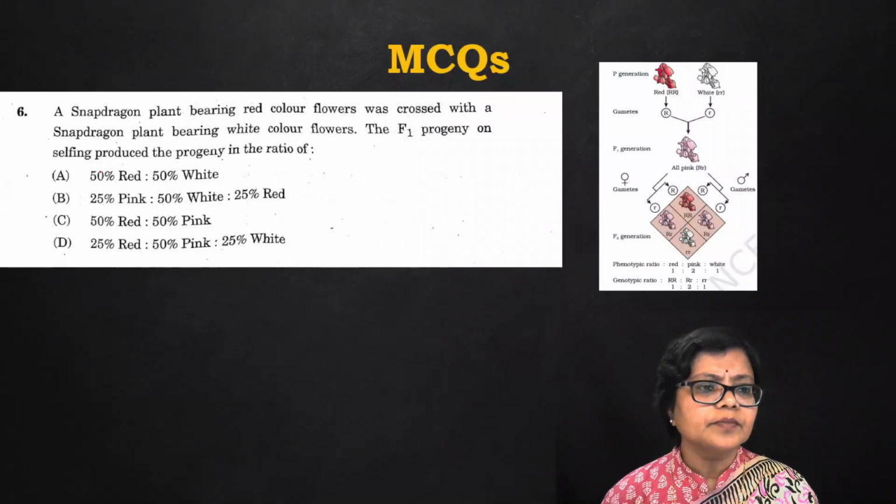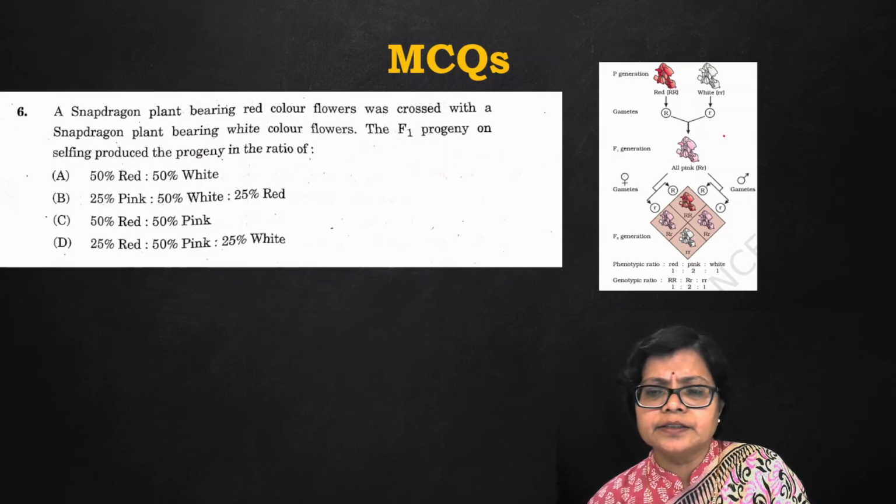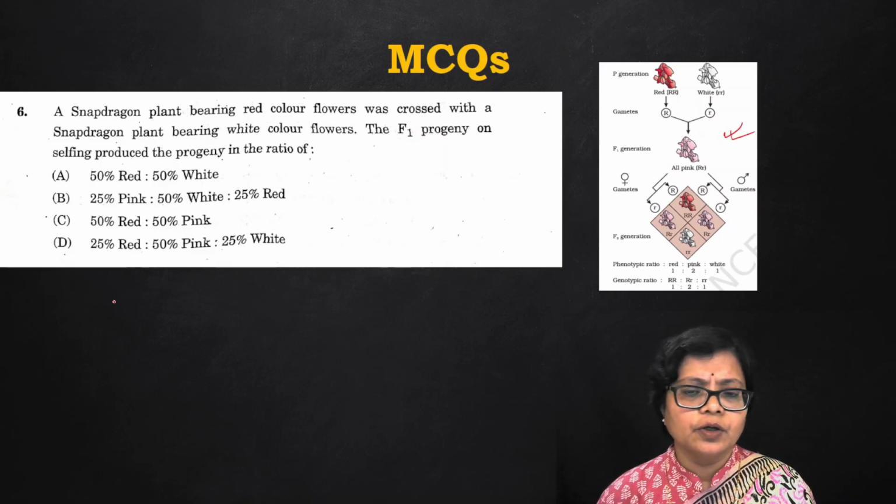Next. A snapdragon plant bearing red color flower was crossed with a snapdragon plant bearing white flower. The F1 progeny selfing produced progeny in the ratio of... See, that is the screenshot from your NCERT book.